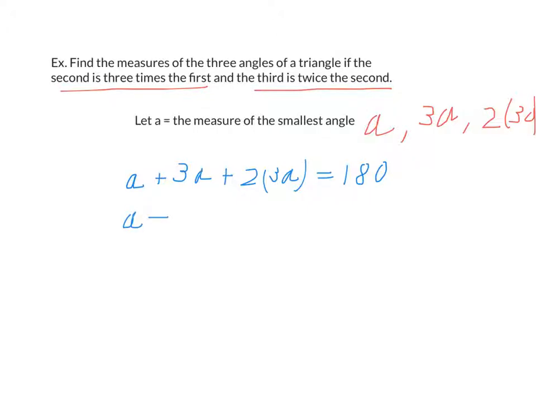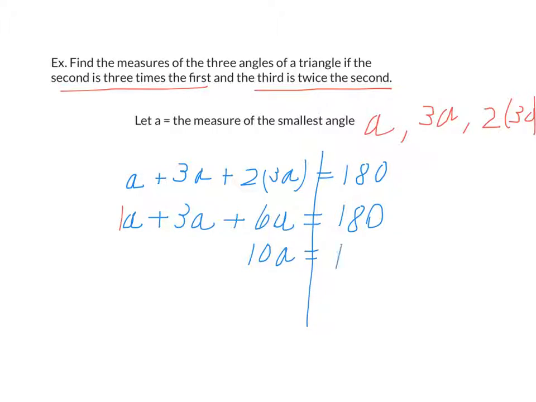So we have A plus 3A plus 6A equals 180. Altogether, I have 1, 3, and 6 A's, or 10 A's. To finish, I'll divide both sides by 10 to get A equals 18.